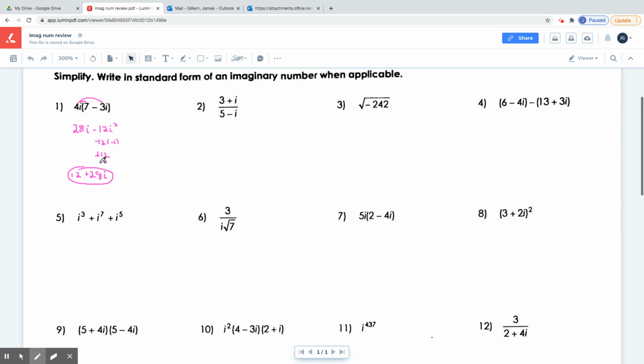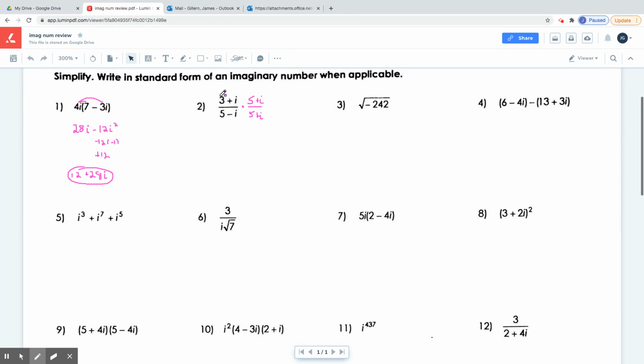Number two. We cannot have i in the denominator. We need to rationalize this. We need to get rid of it by multiplying by the conjugate. The conjugate of 5 minus i is 5 plus i.